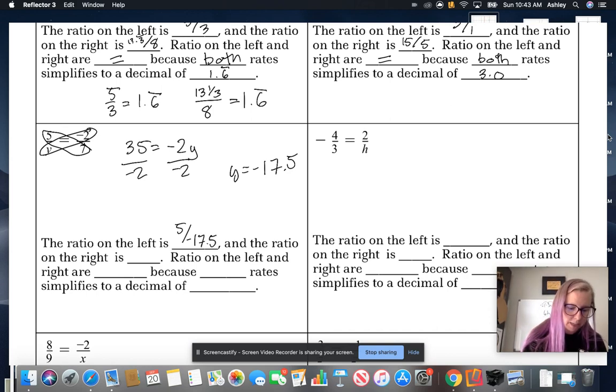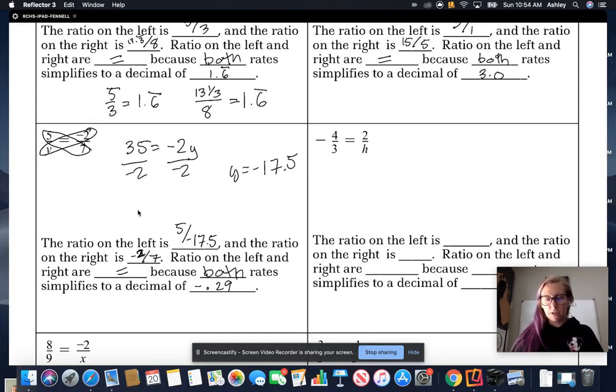The ratio on the right is negative 2 over 7. The ratio on the left and right are equal because both rates simplify, again, I did this math ahead of you, to negative 0.29 after I round. Again, you can double check these in your calculator. Divide 5 by negative 17.5, divide negative 2 by 7, and you will see that they are both equal to the same decimal. In other words, they are equal in value.